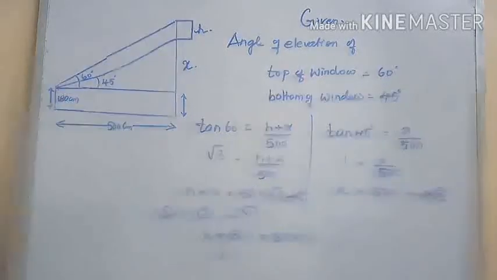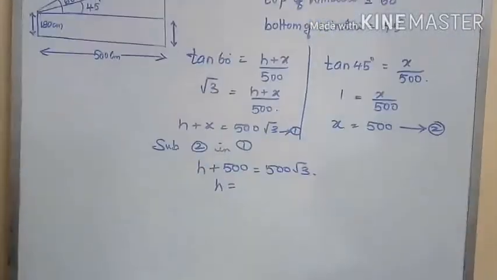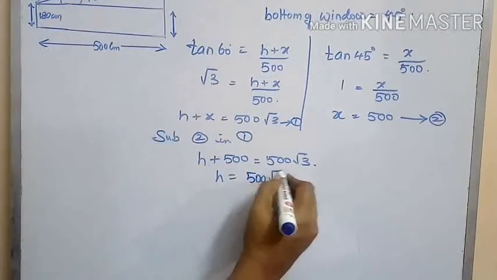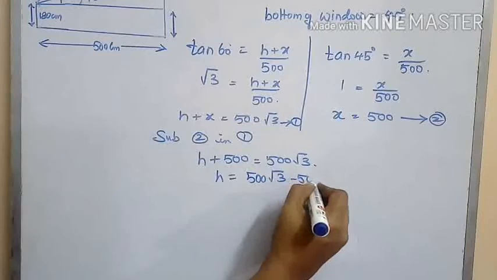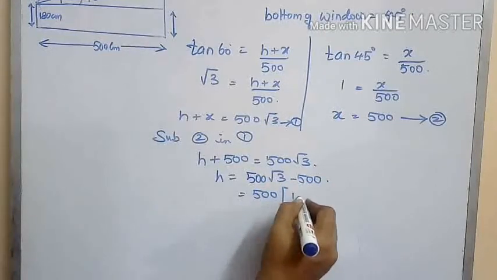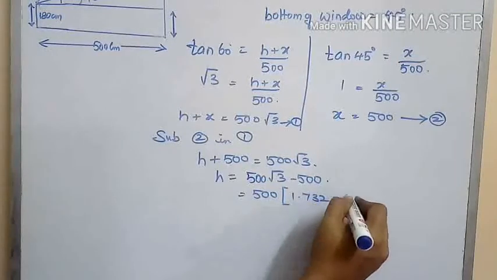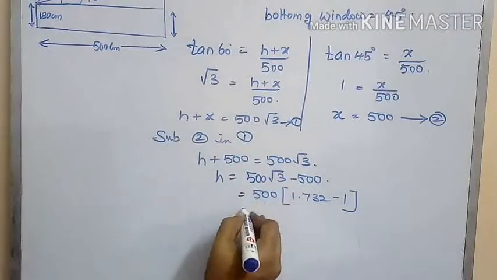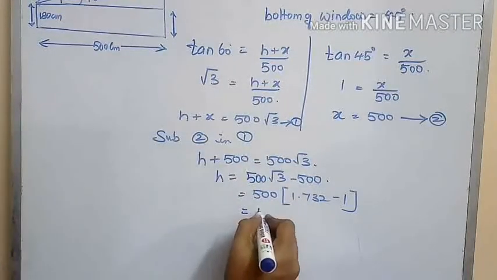So h is equal to 500 root 3 minus 500. Taking 500 outside, we have 1.732, which is the value of root 3, minus 1 within the brackets.